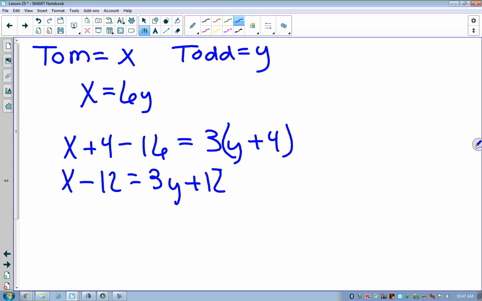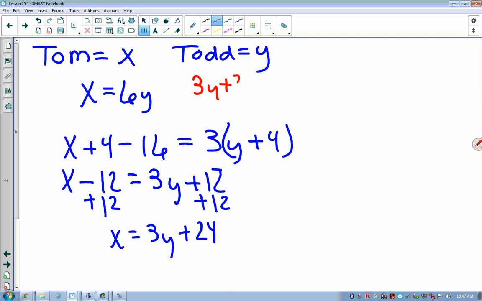So if I solve for y, I'm getting to x faster. But let's just do how we would probably naturally do it. We would add 12 to this side and get x equals 3y plus 24. So if I came up here, now I'm getting 3y plus 24 equals 6y. Subtract 3y.